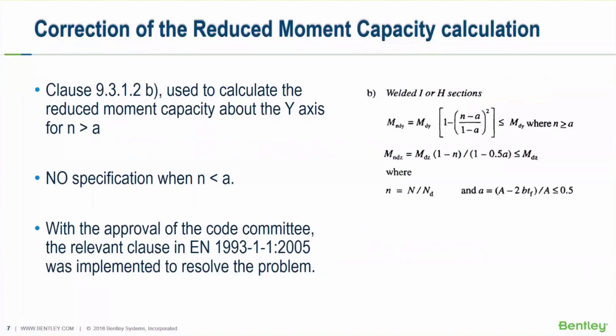Do we have an equation where we can tell the reduced capacity in case n is less than a? We do not have that kind of an equation, and that is giving me a much lower reduced capacity. We have seen cases where n is less than a, where the reduced capacity is so much less that the design ratio goes to infinity.